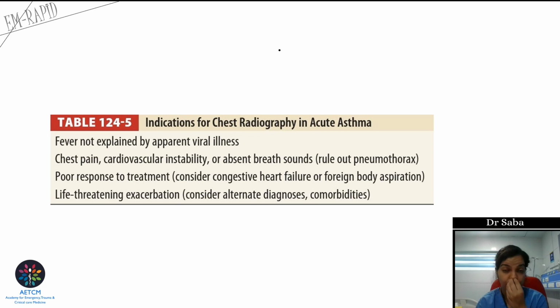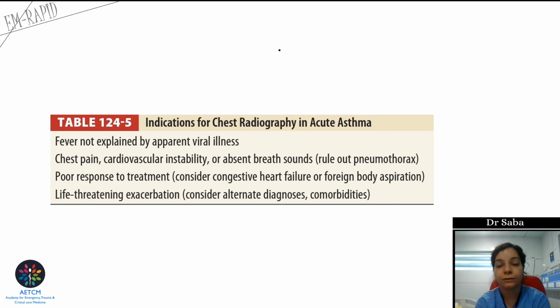Not very common, but it can present. The susceptibility is more. Or if they respond poorly to treatment, we'll have to think of any foreign body aspiration, or any congestive heart failure possibilities.